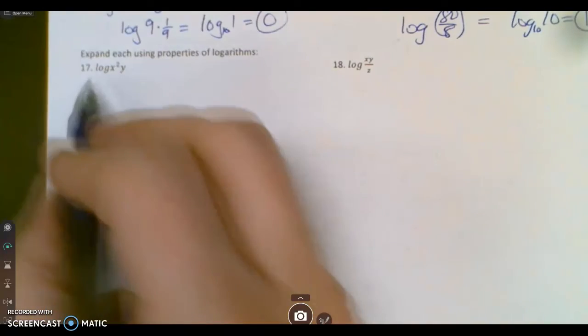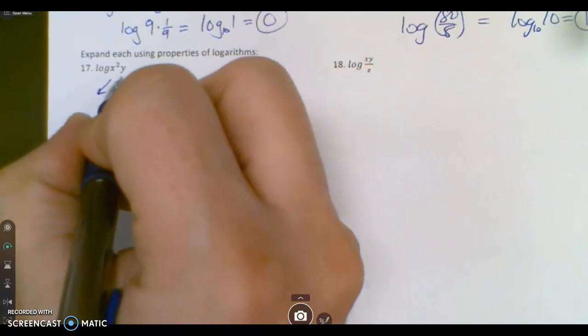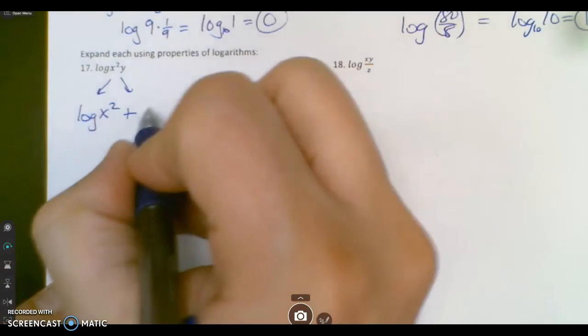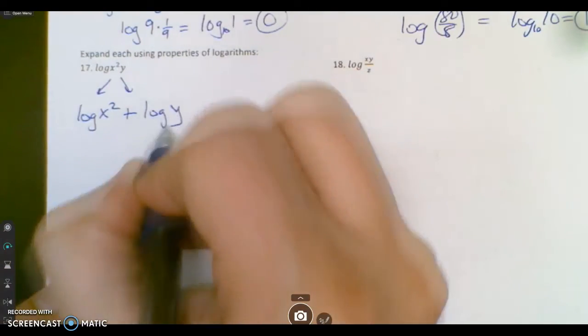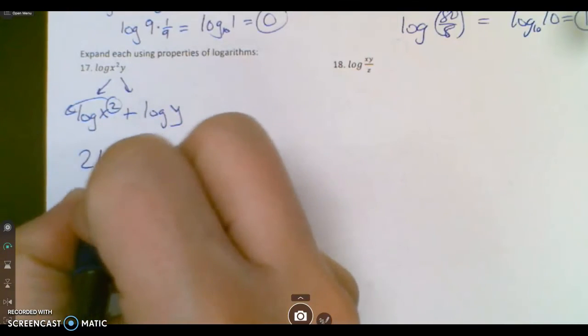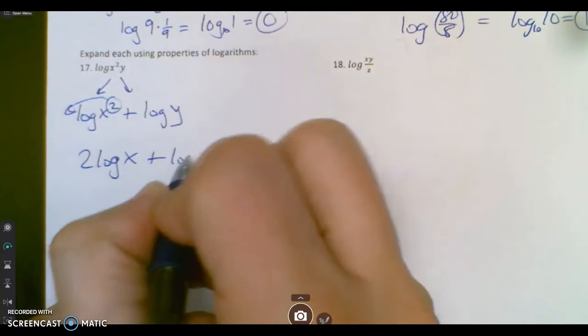And my last two problems, I'm going to expand these out. So when I see multiplication inside a log, I'm going to rewrite it with addition between two logs. And then I bring this guy out front, and you'll have 2 common log of x plus common log of y.